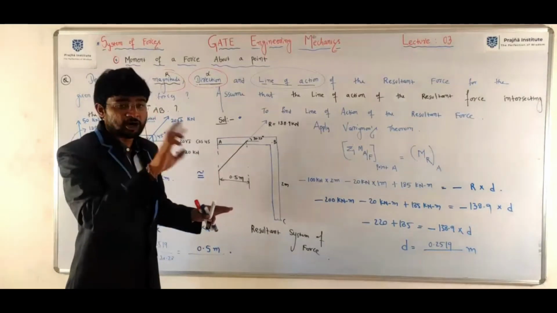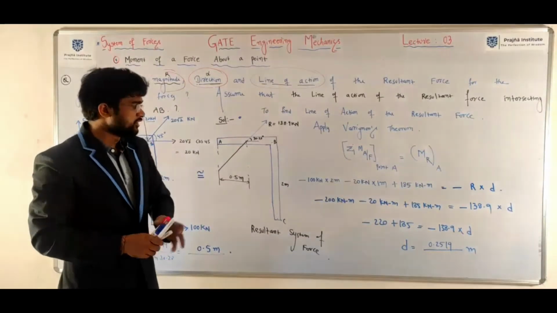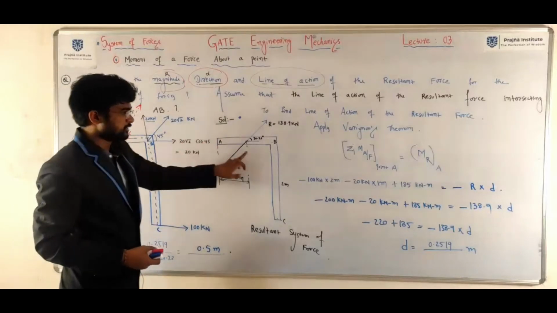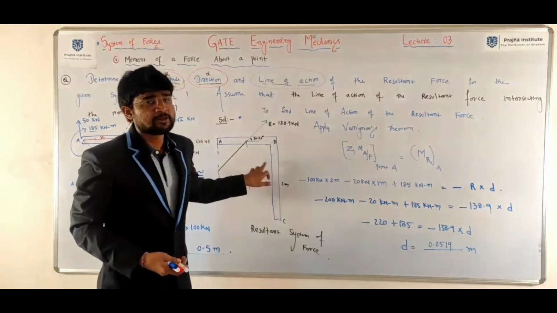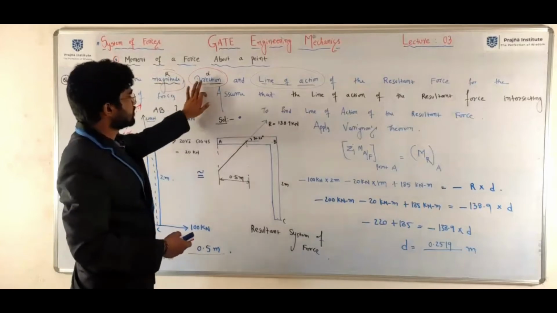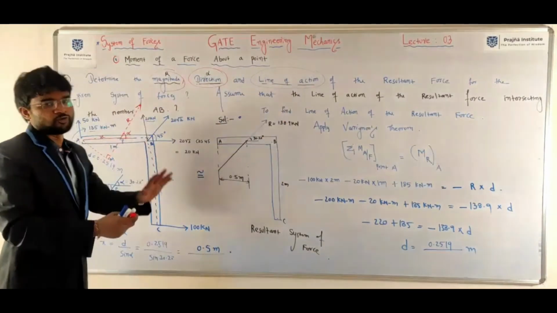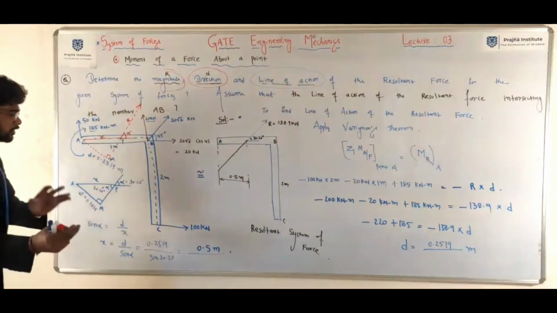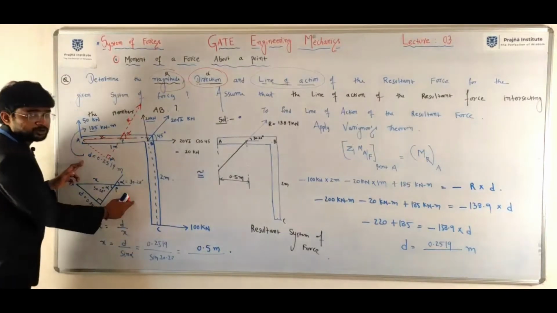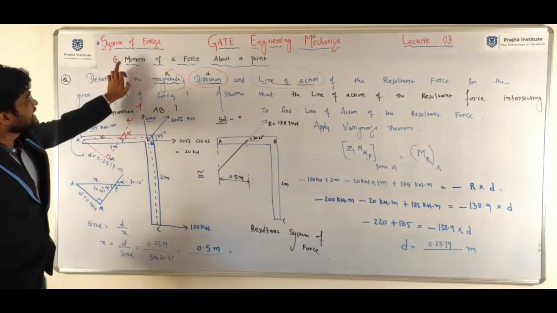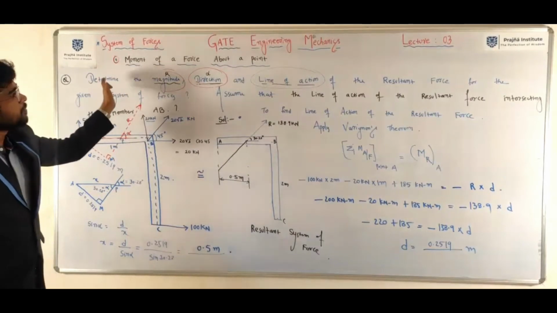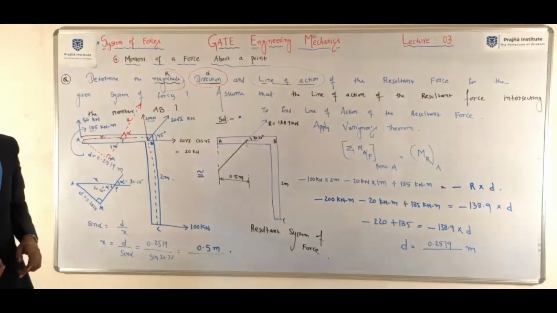So that is the objective of the last class. First, we need to convert the system of forces into a resultant system of force by calculating magnitude and direction, and finally the line of action of the resultant force. Thus, now we need to play the game with this question to understand what is called moment of a force about a point.